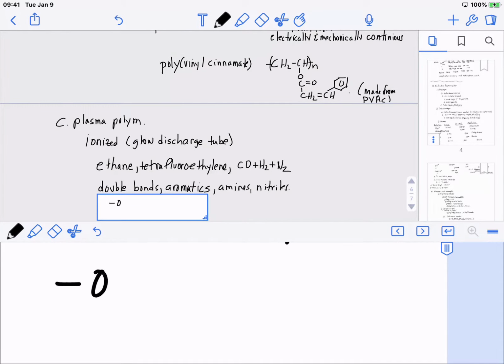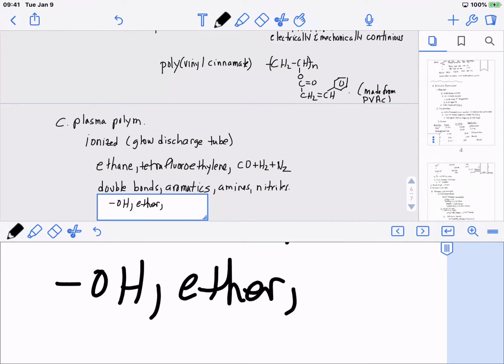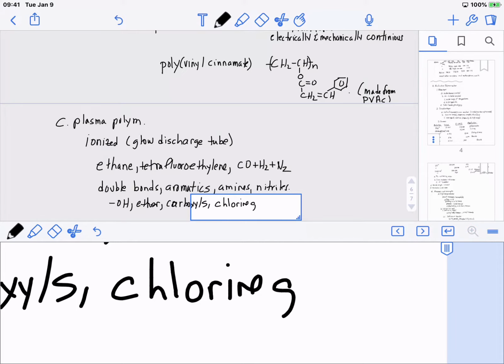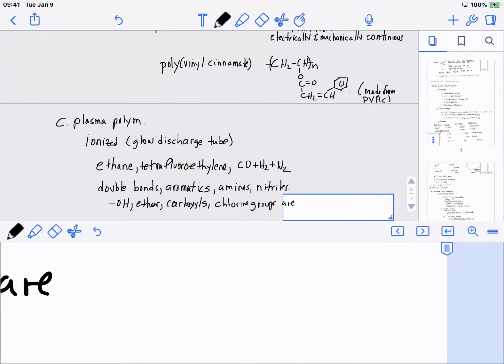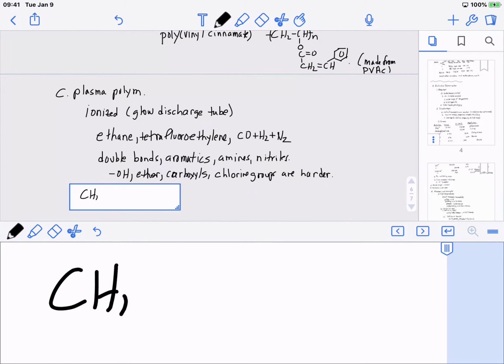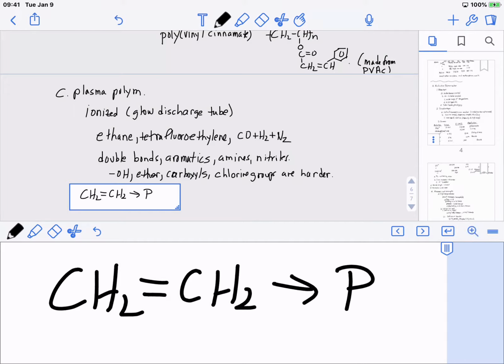You can do stuff with alcohols, ethers, carboxyl groups, chlorine groups, but they're a little harder. And then, of course, you could do traditional monomers like ethylene, and you can make a polymer from that.